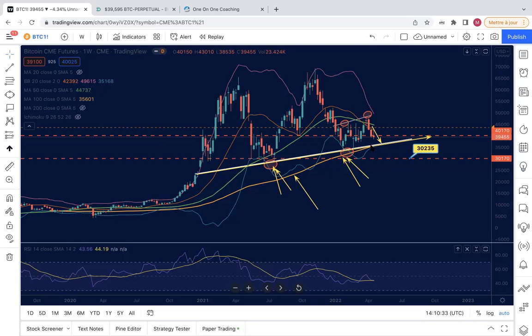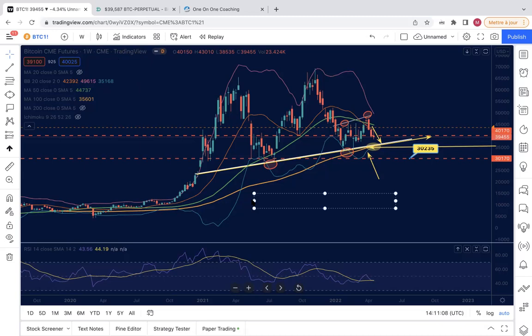It's exactly also the inclined trend line, and also the green curve here, this one, which is the lower Bollinger Band. Well, if we note everything here, we have that important zone, exactly that point here, around 35,000.